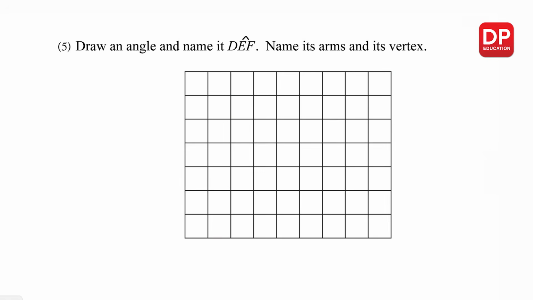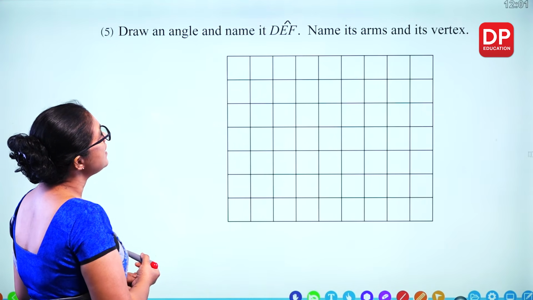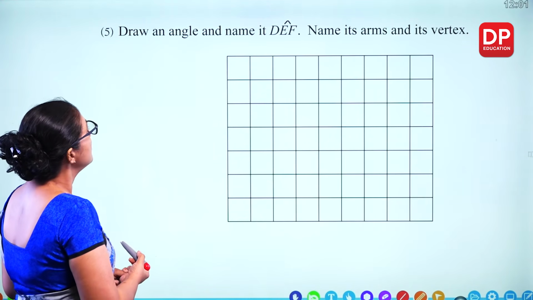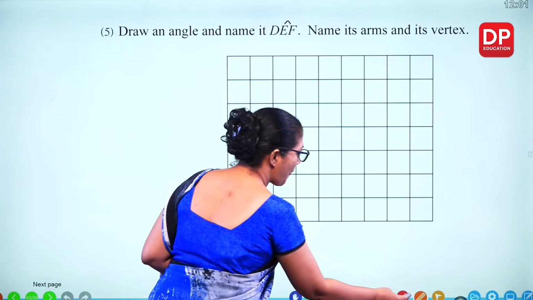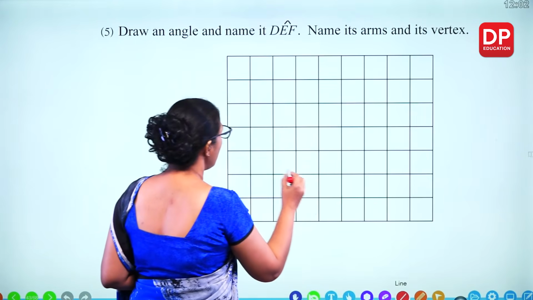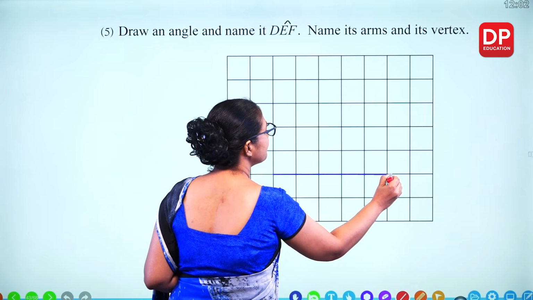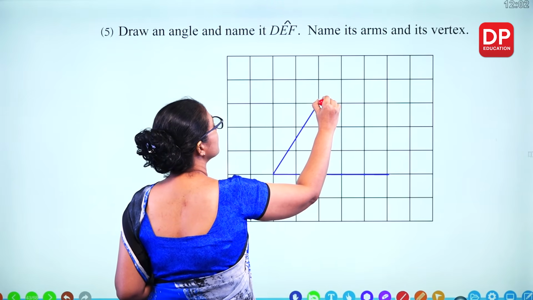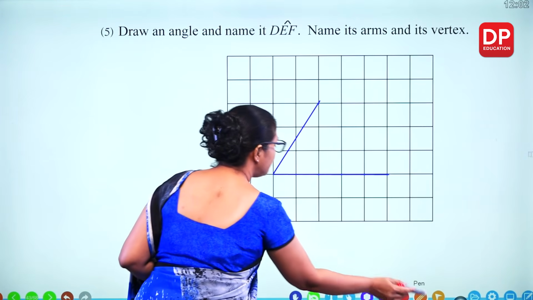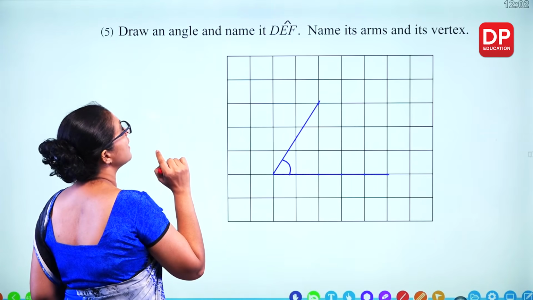Draw an angle and name it DEF. Name its arms and its vertex. Any angle DEF. I'll draw an acute angle. Here, acute angle.